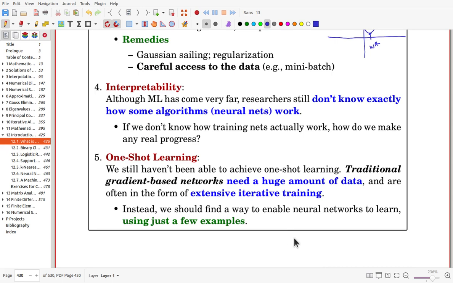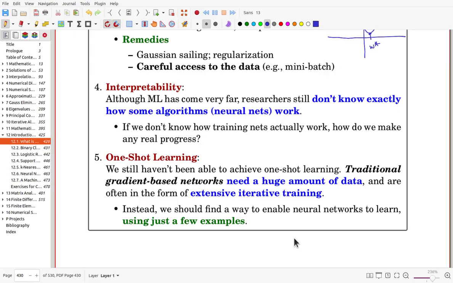Now, finally, the issue is around one-shot learning. One-shot learning means that by using only one data point, the machine learning algorithm learns quite nicely. Typically we say one shot, but anyway, by using a few examples, we try to train the algorithm.